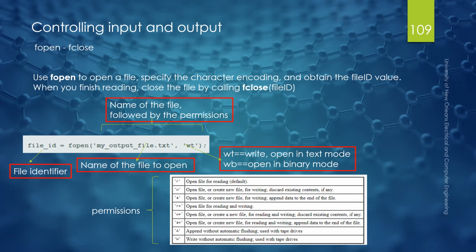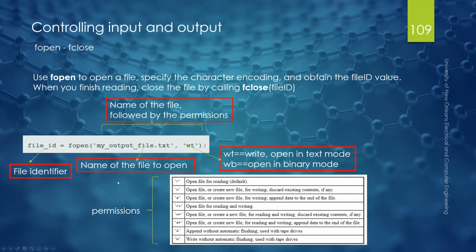So in this example, if you look at the format here for the fopen function, we use fopen, and then in parentheses, we're going to have the name of the file that we want to open. Okay, so in this case, it is a text file. Then the name of the file in single quotes, of course, is the file we want to open, and it is followed by the permissions that we want to have with that file.